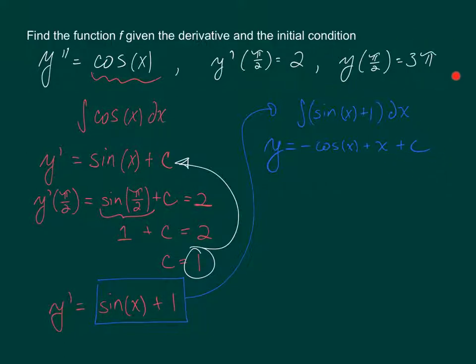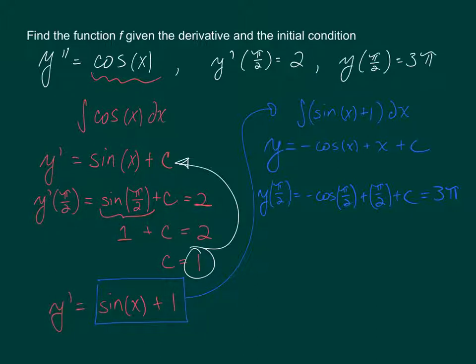So back up here to this information, y of pi over 2 is 3 pi. So what that means is if we know y of pi over 2, that is the same thing as writing negative cosine of pi over 2 plus pi over 2 plus c equals 3 pi.